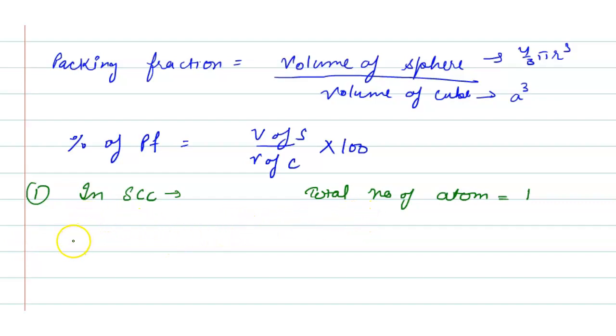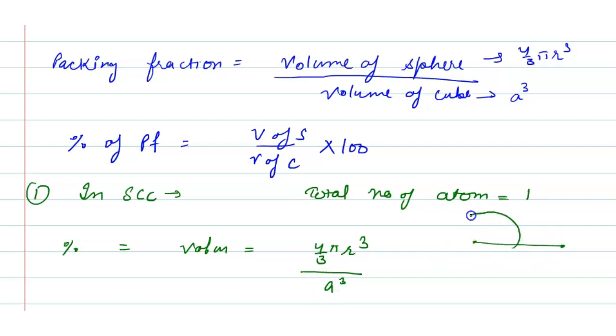Okay, so the percentage of packing fraction is equal to volume of sphere, 4/3 pi r cube, upon volume of cube, that is a cube. Now you see that if this is the edge of the cube, the atoms are present like this.